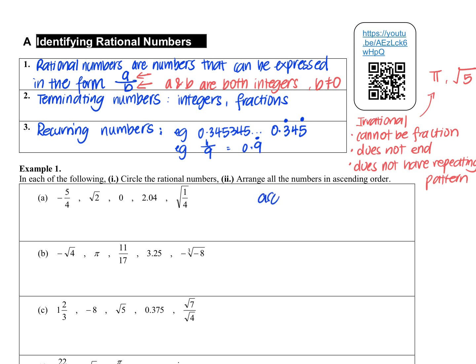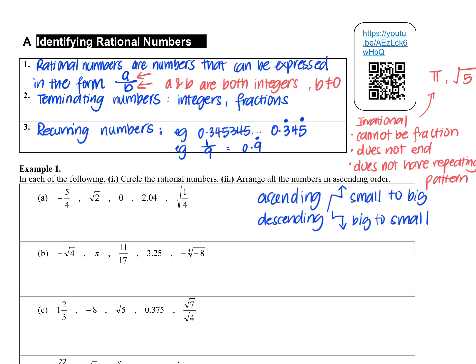Ascend means you move from small to big, going upwards, like climbing up the stairs, so it's from small to big numbers. The other one is descending, going from top to down, so this will be from big to small.